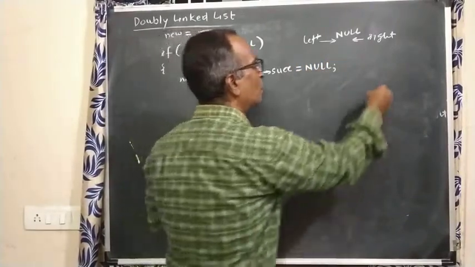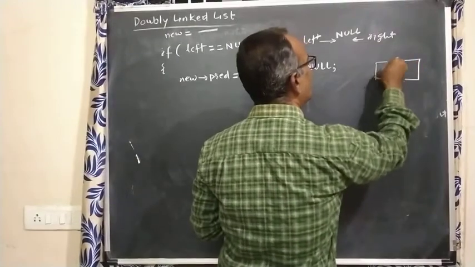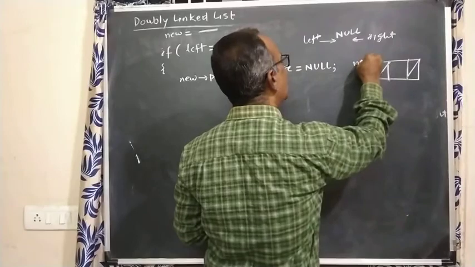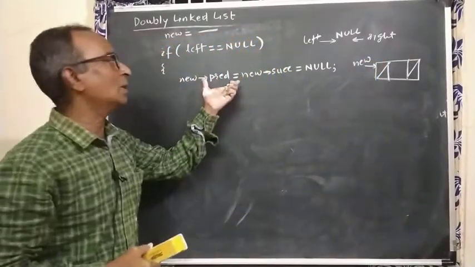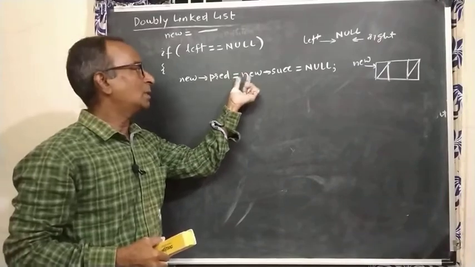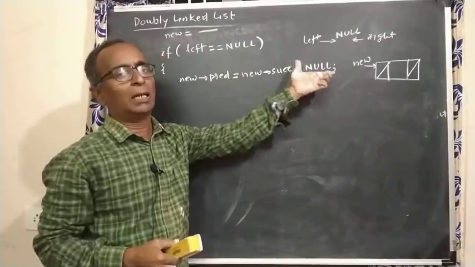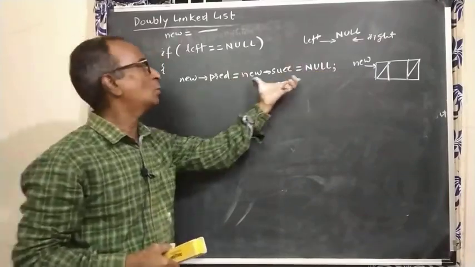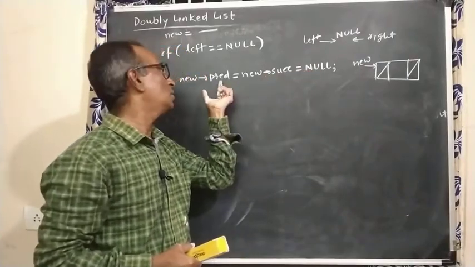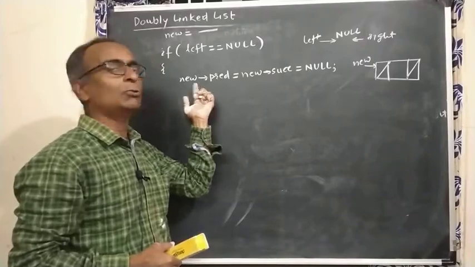That's it. So these 2 pointers of the new node will be set. This way you can also write it as a chained assignment. The assignment operator has right to left associativity, so first this operation will be done, null will be given to this, and then that null will be given to this also.